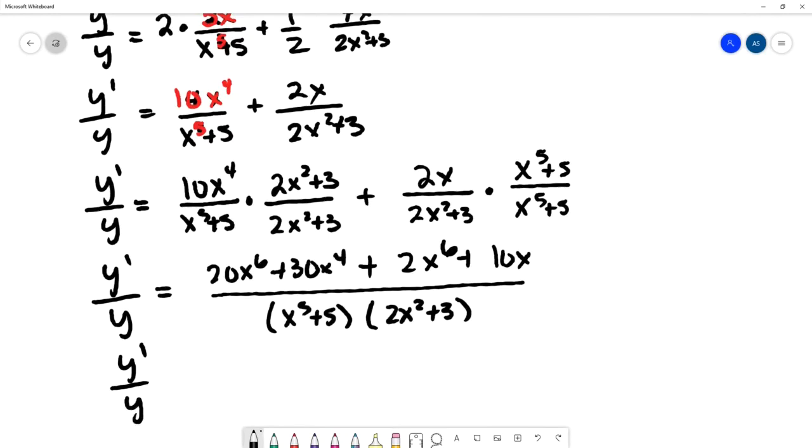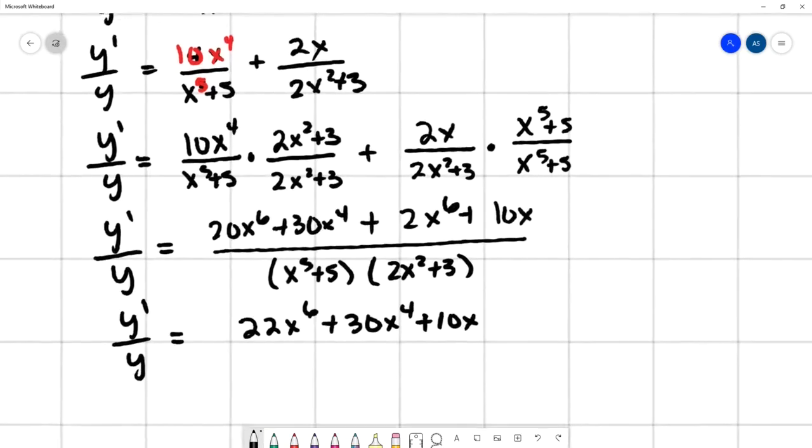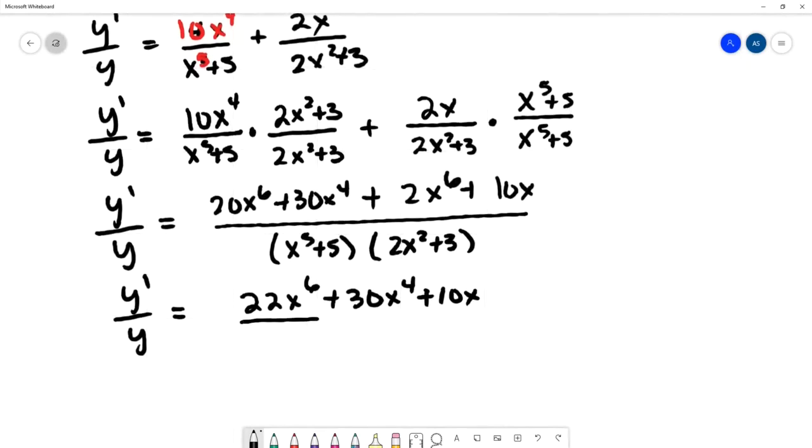I have y prime over y equals, let's combine like terms, that's 22x to the 6th plus 30x to the 4th plus 10x over our common denominator of x to the 5th plus 5 times 2x squared plus 3.